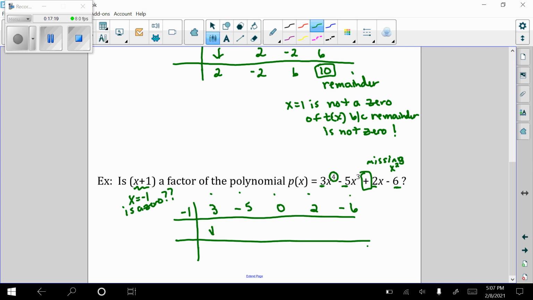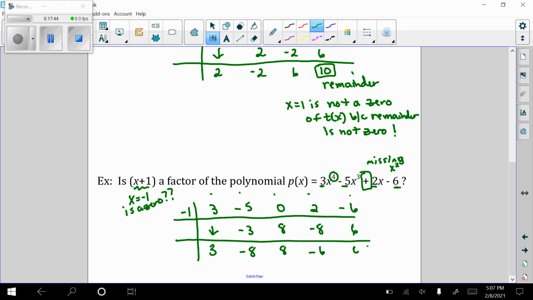So my 3 comes down, I multiply, I add. -1 times -8 is 8. I add, and I get 8. -1 times 8 is -8. I add, and I get -6. -1 times -6 is 6.